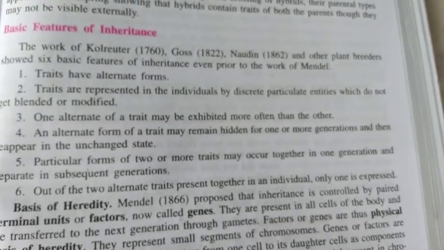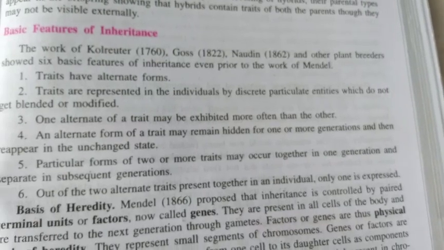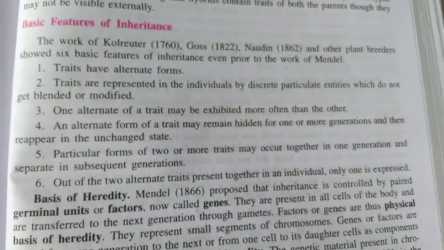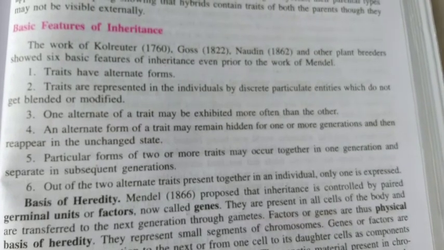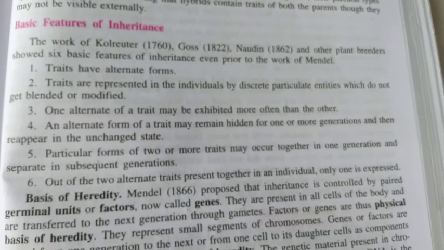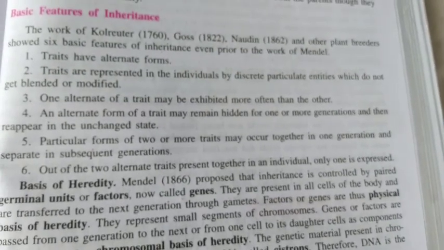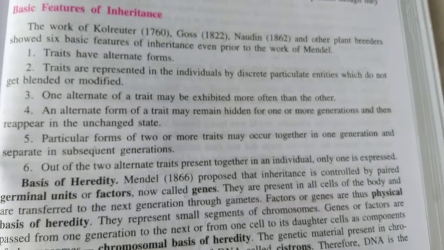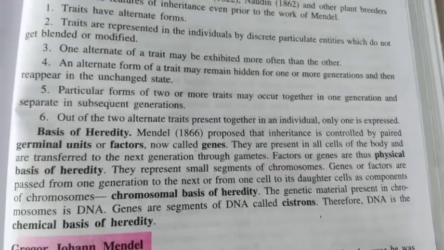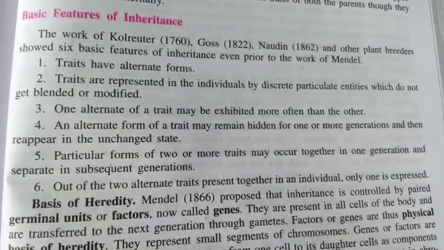An alternate form of a trait may remain hidden for 1 or more generations and then appear in the unchanged state. And 5th, particular forms of 2 or more traits may occur together in one generation and separate in subsequent generations. And the last one, out of the 2 alternate traits present together in an individual, only one is expressed. This is what was known prior to Mendel's work.